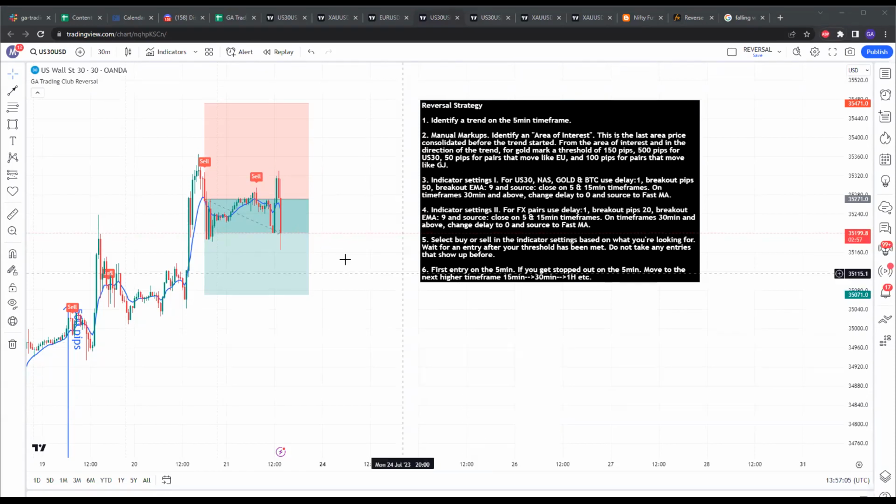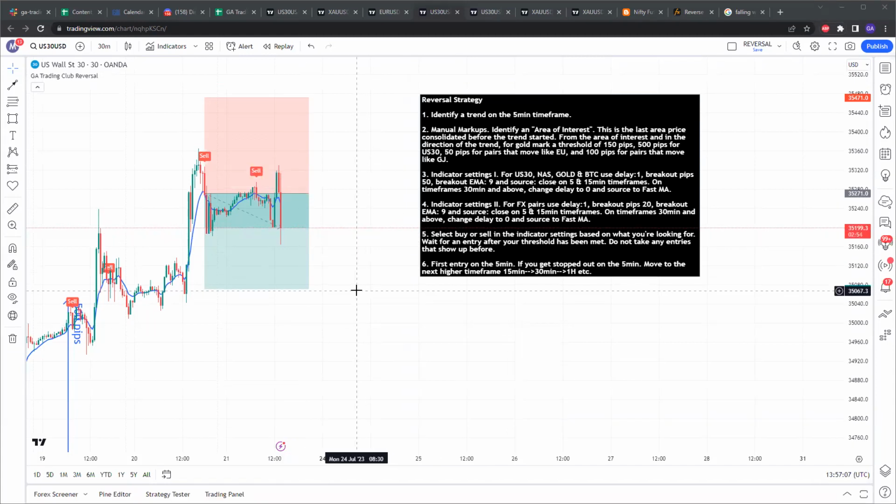We have about 3 minutes before this 30-minute candle closes, and also before we get another hourly candle.